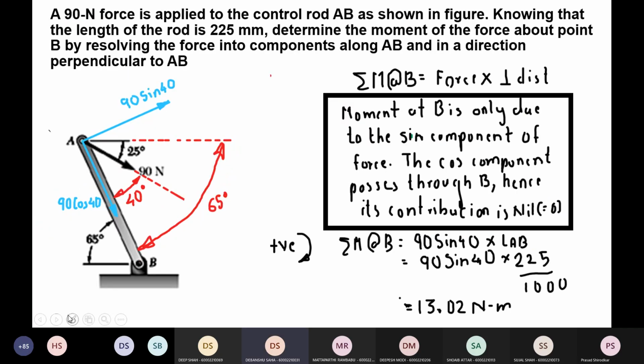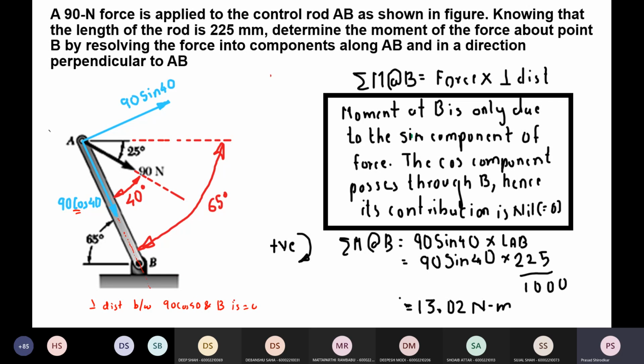Sir, can you please explain again why 90 sin 40 you have taken? See, I have resolved this force into two components, right? 90 cos 40 and 90 sin 40. The angle made by the 90 Newton force with the rod is 40 degrees. Now if you extend the line of action of the 90 cos 40 component, it is exactly passing through this point B, right? So the perpendicular distance between 90 cos 40 and B is equal to 0.